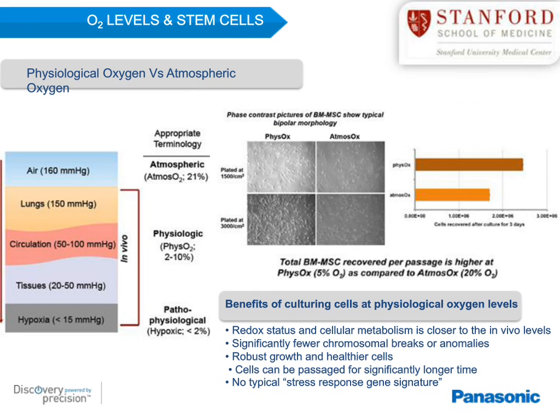They have fewer chromosomal breaks, the cells can be passaged longer, they're just more robust and healthier, because lower oxygen levels as opposed to atmospheric levels will really mimic that in vivo environment. So it's a really good example, again tying into this idea of homeostasis and the tight control of oxygen.